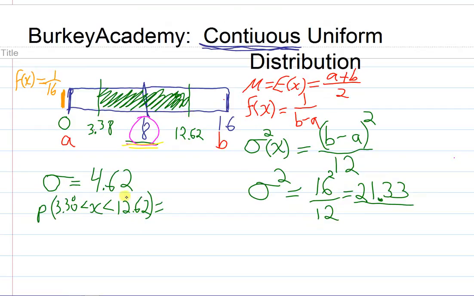So the difference between those two numbers is going to be 9.24, times 1/16. Let me verify that number here: 4.62 times 2 equals 9.24, times 1/16, and we get 0.5775.